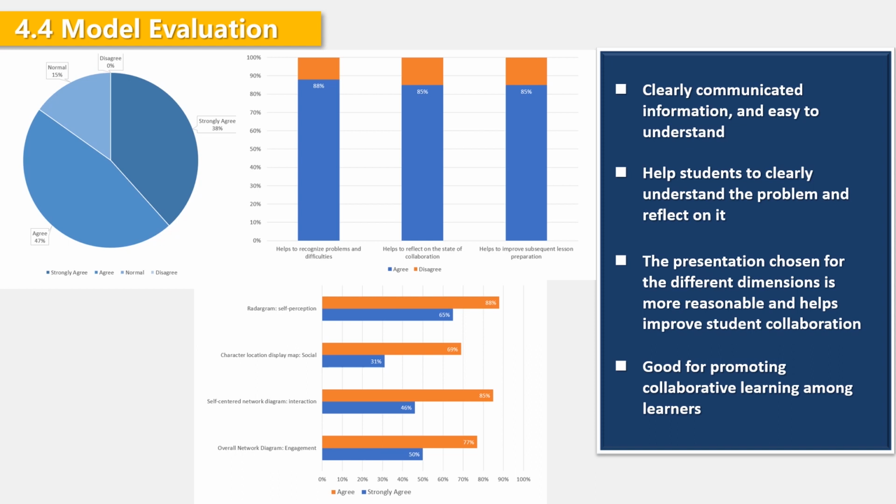Second, the visualization chosen for this model helps students to clearly understand the problem and reflect on it. Third, the presentation chosen for the model is reasonable and helps improve students' collaboration. Finally, comparing individual collaboration with other members of the group has a better effect on promoting learners' collaborative learning.